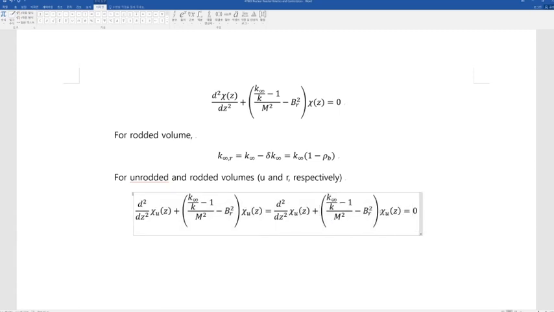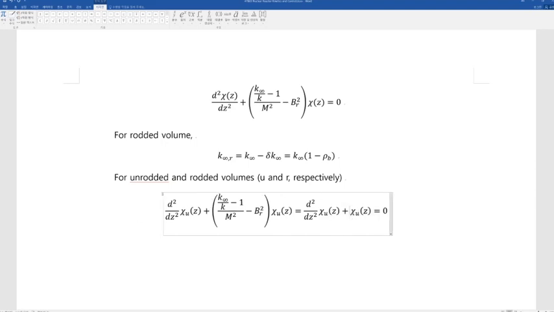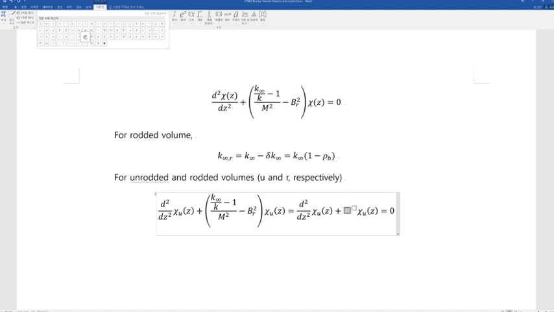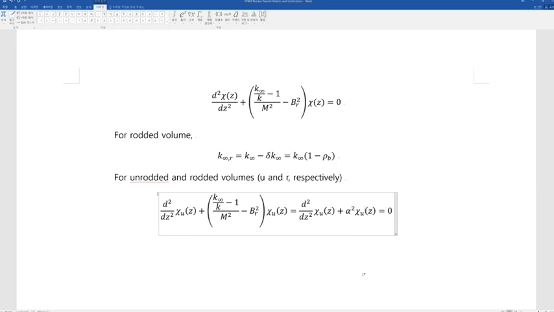So alpha squared is defined as this parenthesis.